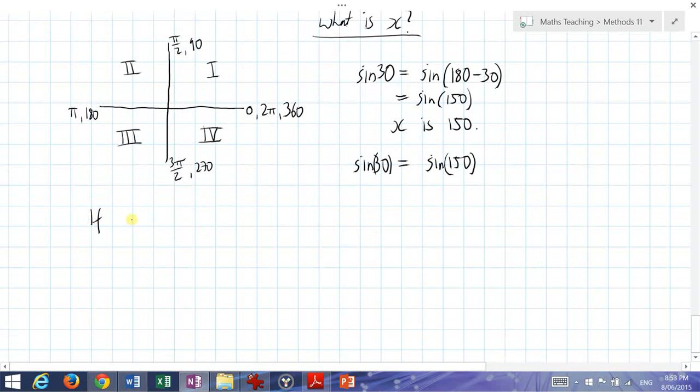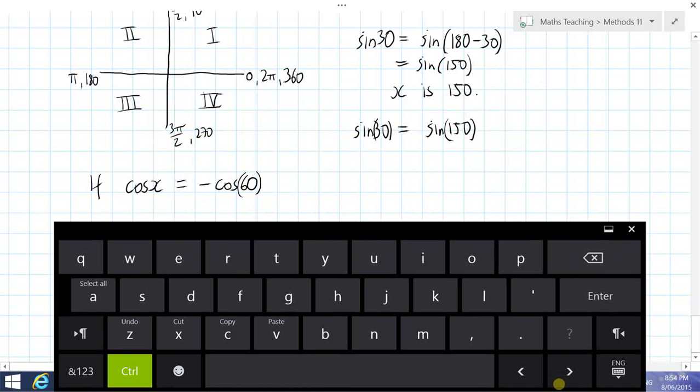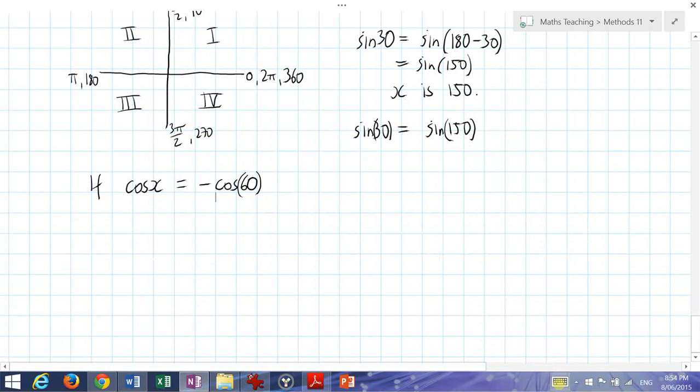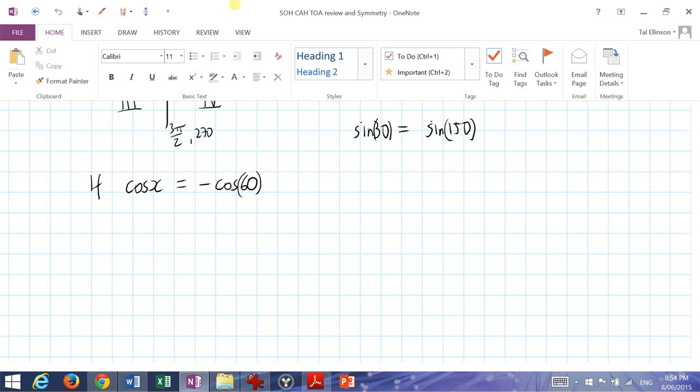If cos of x equals negative cos of, say, 60 degrees, and we're told that, oh no, sorry, I don't want to use 60 degrees. I was going to give an example with radians. That's right.